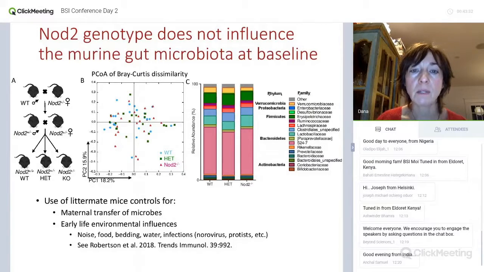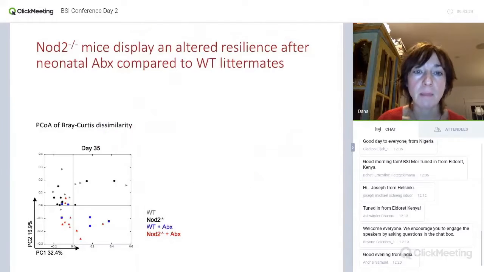Now we can perturb that microbiota and see what happens. We did our neonatal antibiotic treatment of Nod2 knockout mice and their wild type littermate controls. Again, using principal coordinates analysis, we looked at the composition of the microbiota in these different conditions.